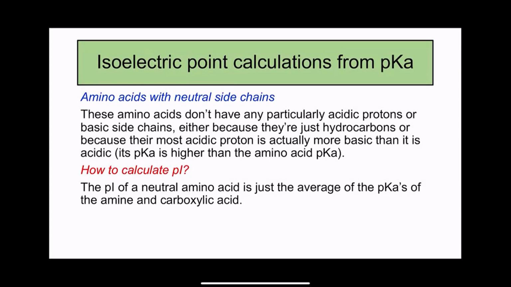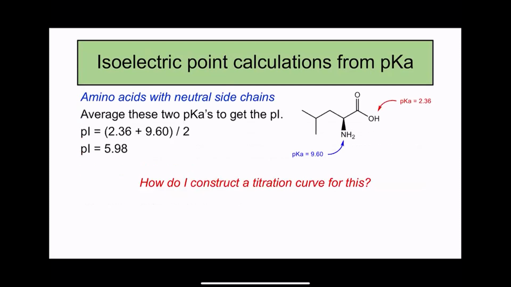And so this process is just taking the average of different pKa's, but it differs based off of the amino acid type that you have. So if you're using an amino acid with a neutral side chain, that means that you'll only have two pKa values. You're going to have the pKa value of the amine and then also the carboxylic acid. So then the way to figure out your pI is just to take the average of those two values.